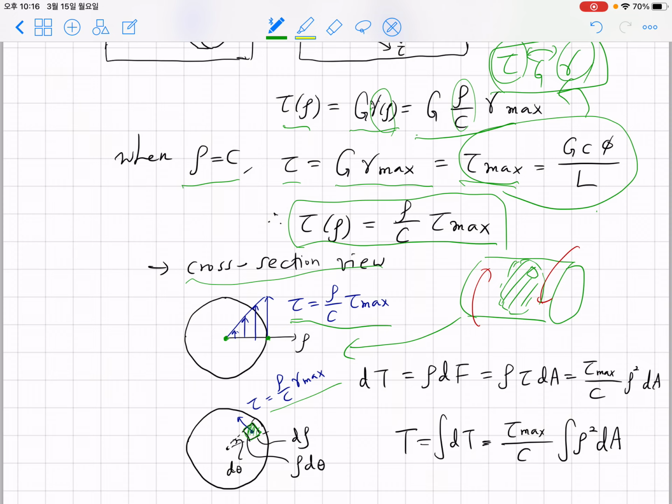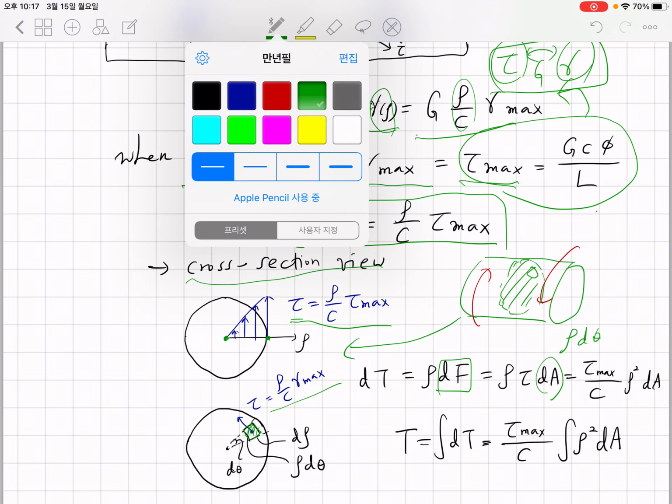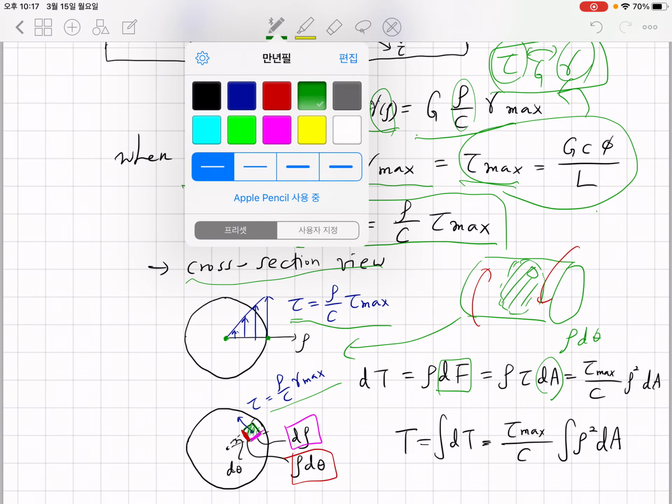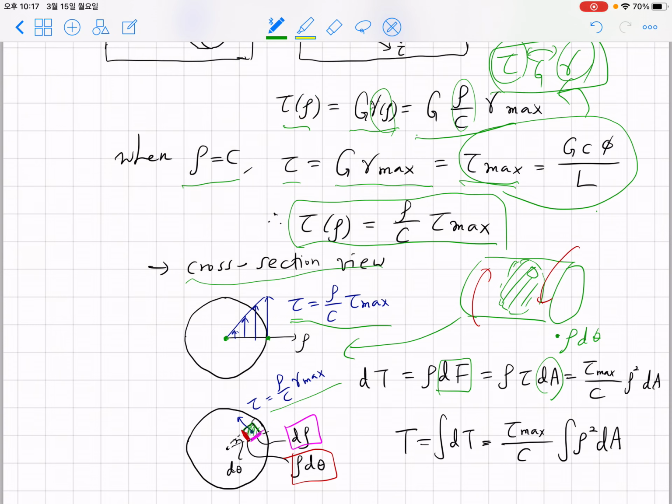To obtain this infinitesimal force dF, you have to multiply by dA, and dA can be written as rho times d theta, times d rho. If you multiply d rho and rho times d theta, it gives dA.